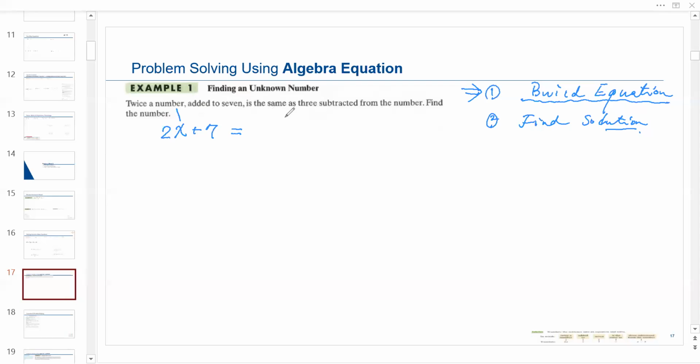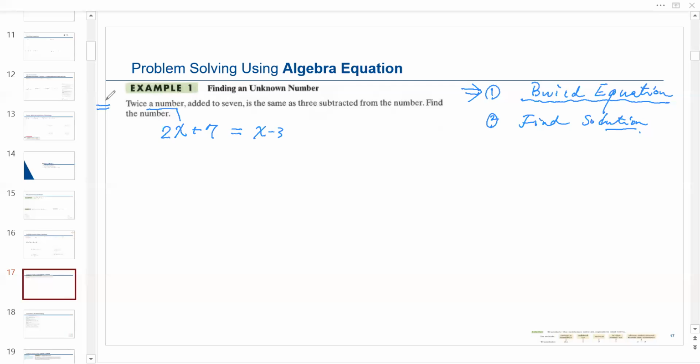Is the same as 3 subtracted from the number. The number is a number here, right? So we build this equation. Find a number, so the number here is unknown.